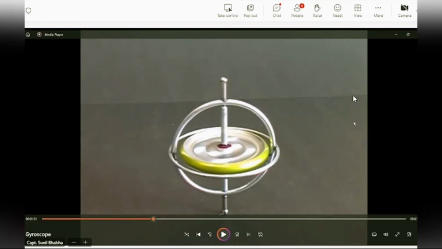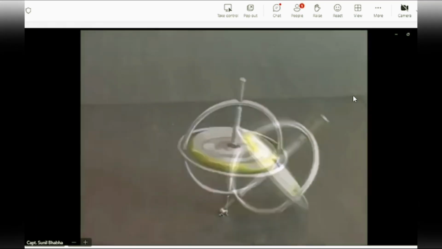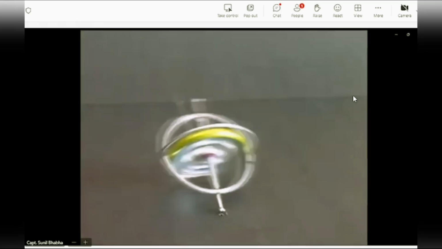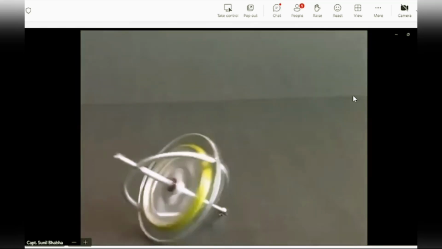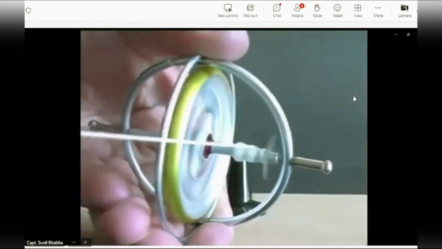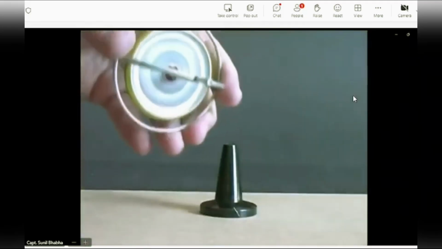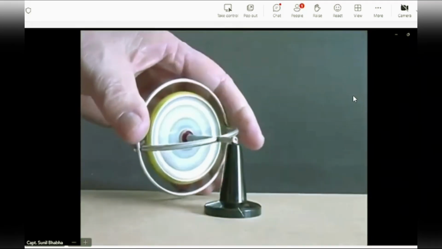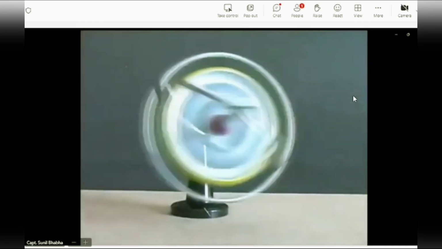Now when the spinning becomes less, the motion dies down, then the gyroscopic inertia will be lost and it's going to fall down. The force disappears and the gyroscope falls. Incredibly, this force will support the gyroscope like this. It appears to be levitating.